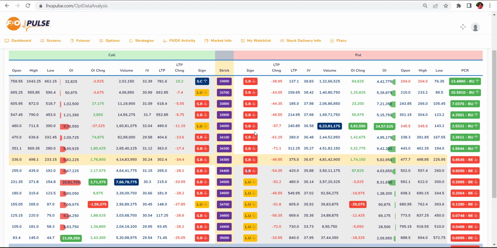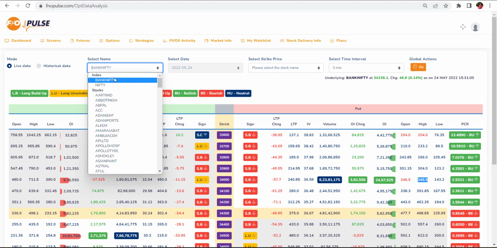For example, if you enter 34,000, the market opened around 345 and went low to 343. In the morning the market was going up, then changed again. The market high is 345. So definitely you will get 50 to 100 points in intraday in Bank Nifty.